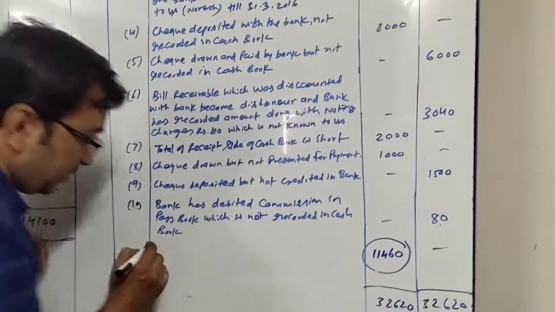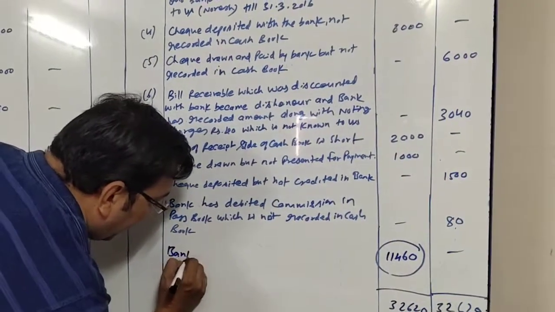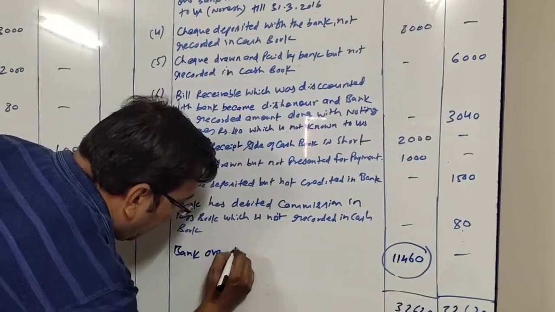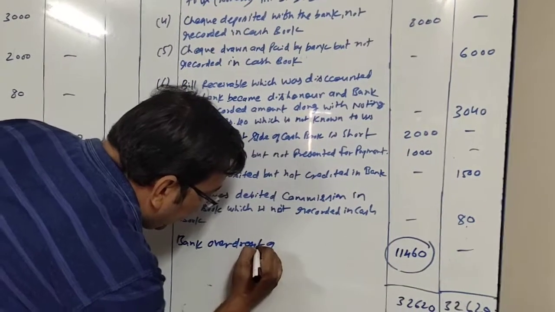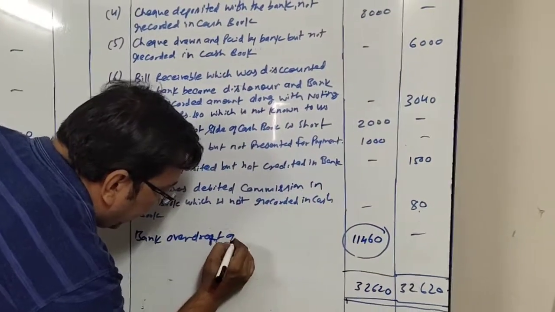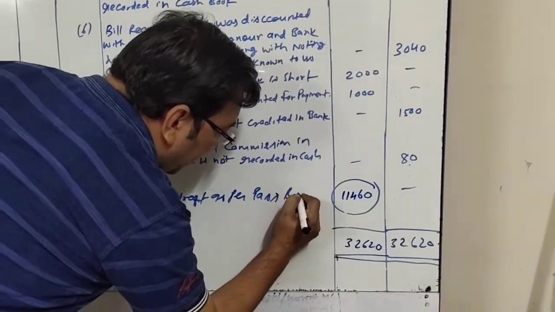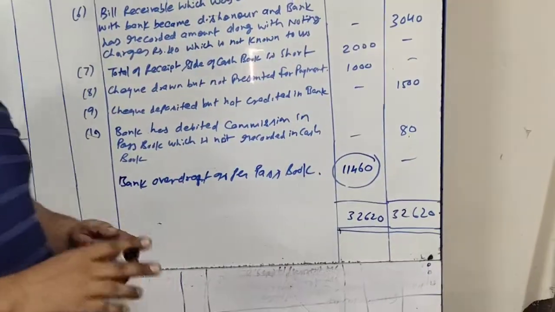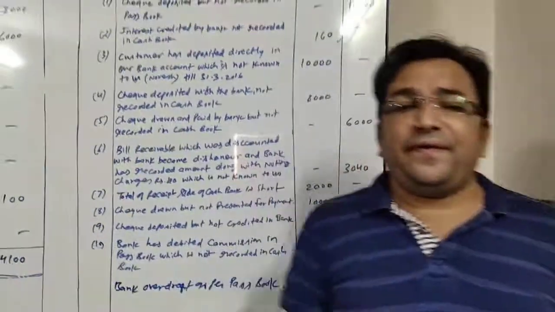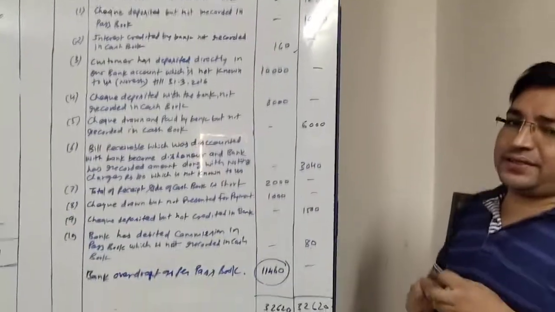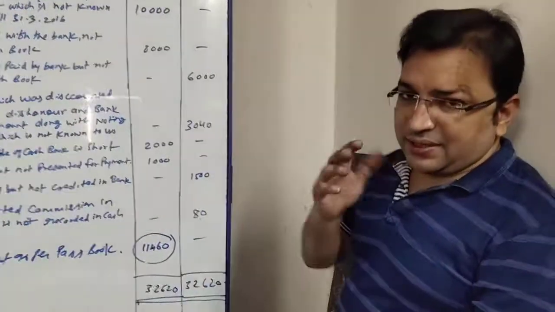So it will be bank overdraft as per passbook. So this is all about sum number 5. Next lecture we will be doing sum number 6. Thank you.